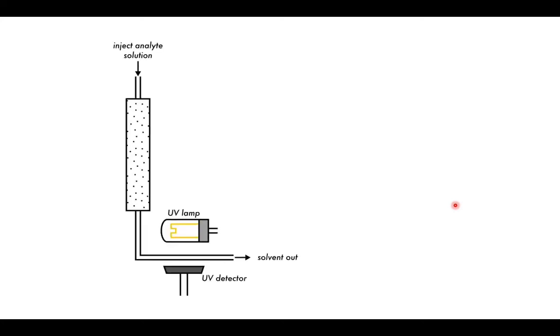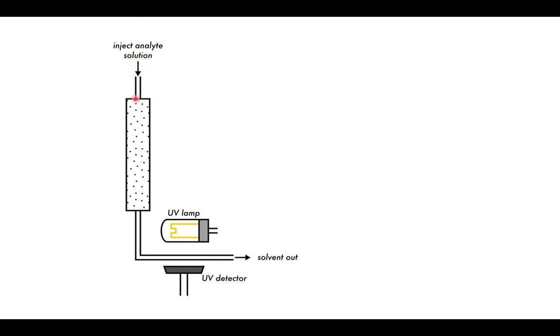So here we have a typical setup for a column chromatography system. We have a packed column, in which the different components in the analyte solution will interact differently. They will pass through this column, which is quite long. Inside an HPLC, it may be several meters long, all coiled up.